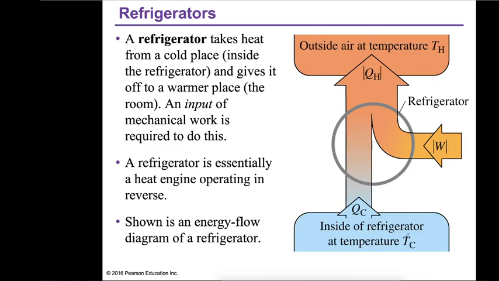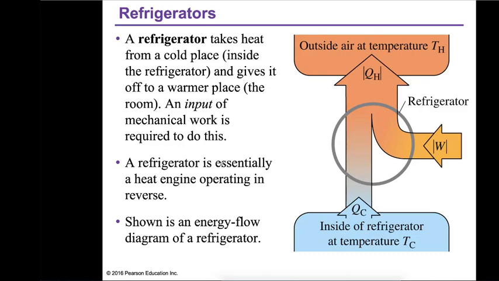For example, it takes some heat from the cold place, and then this heat is transferred to a hotter place. When doing this, you need some work. So a refrigerator is essentially a heat engine operating in reverse.